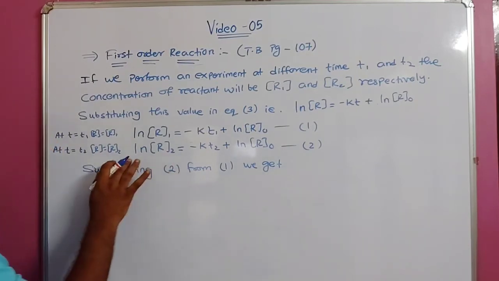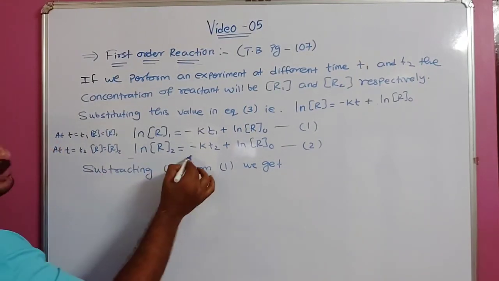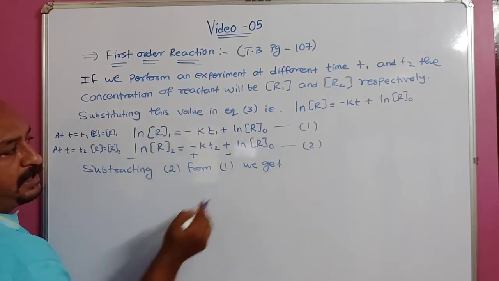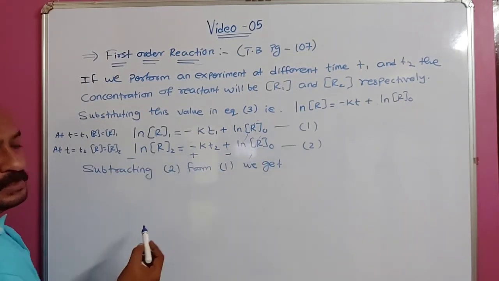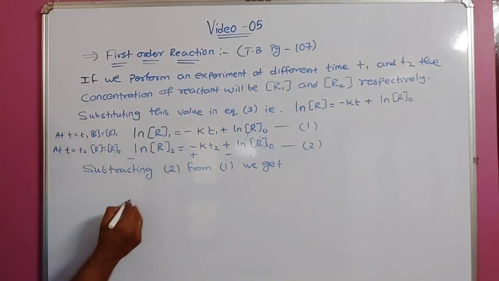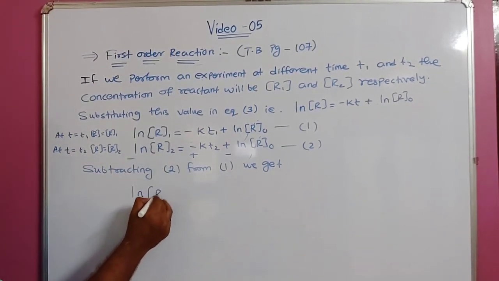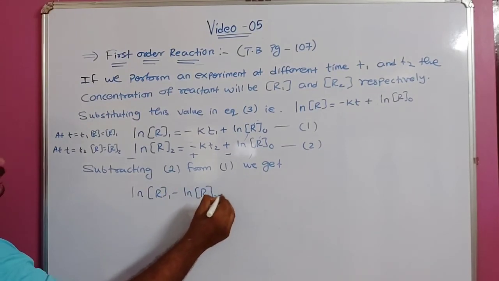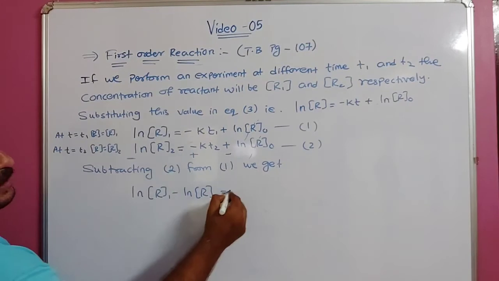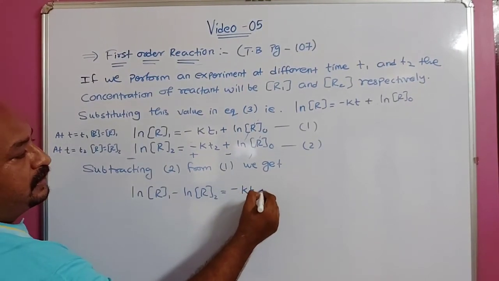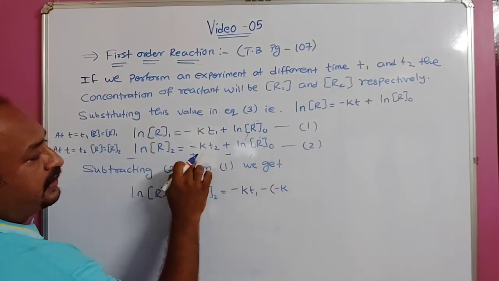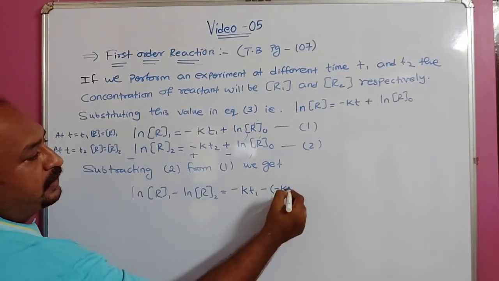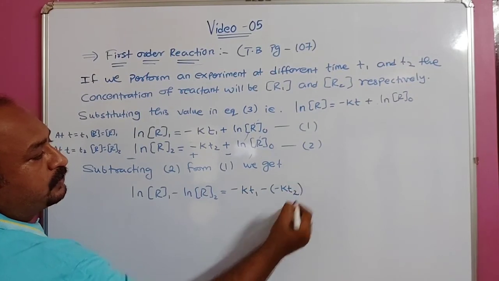Clear? So directly you can remember, if you subtract this, here it will be minus minus plus, and here it will be minus. So this will get cancelled. What will be remaining? That is ln R1 minus ln R2 is equal to minus KT1 minus of minus, directly you can write plus K T2.